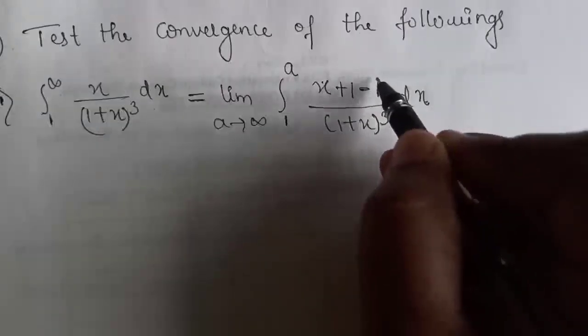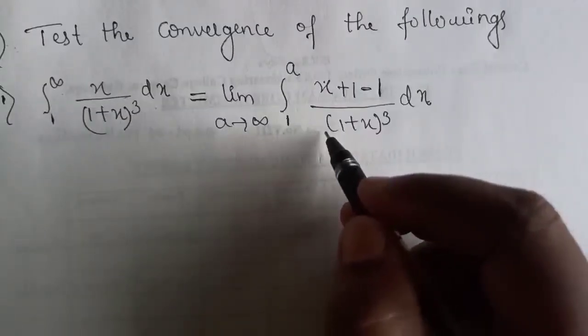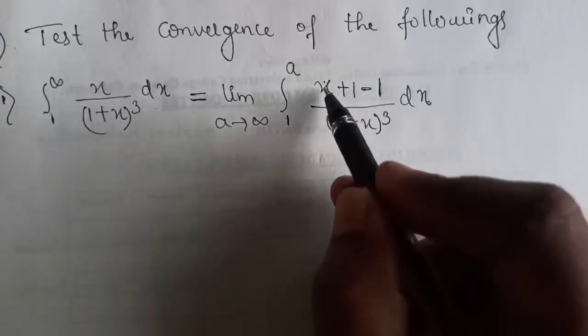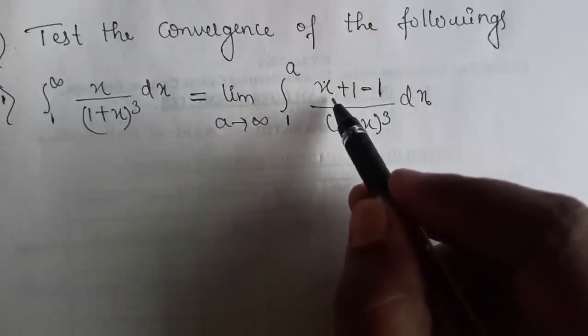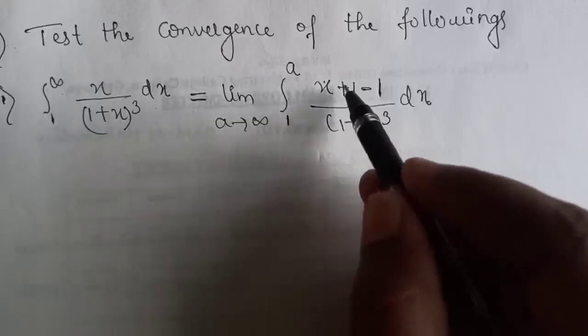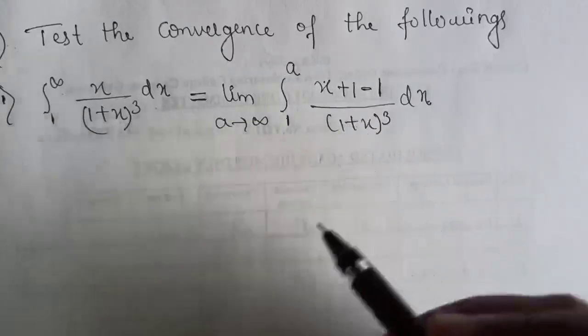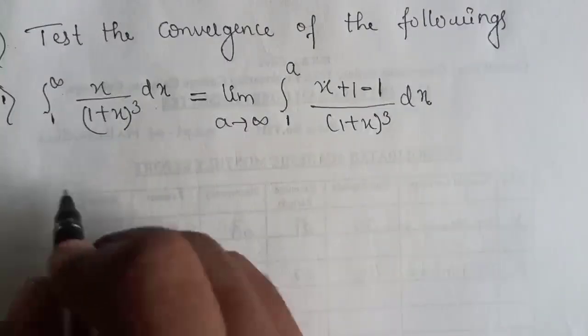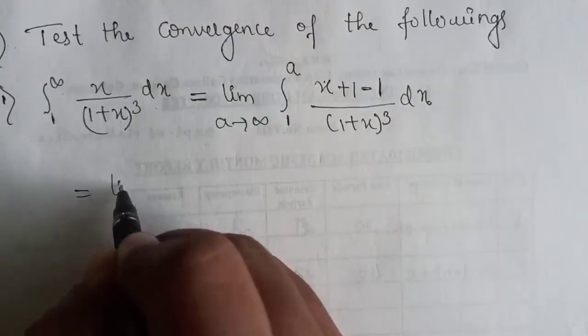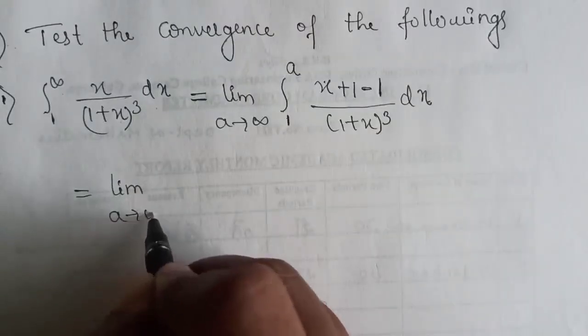Why I am doing this is to make the integration part simpler. On adding and subtracting we get x plus 1, so the x plus 1 term gets canceled. Therefore we write it as limit a tends to infinity.